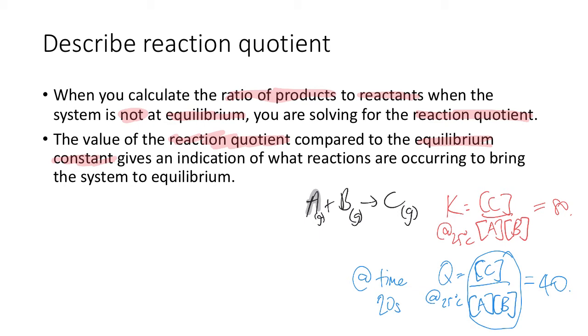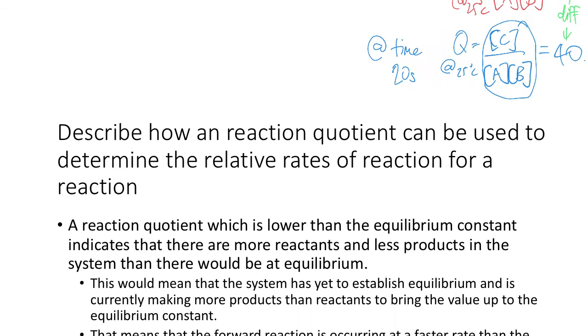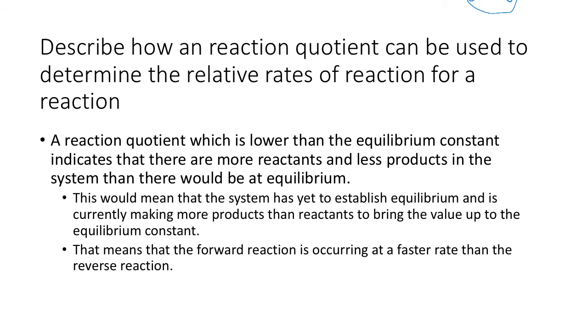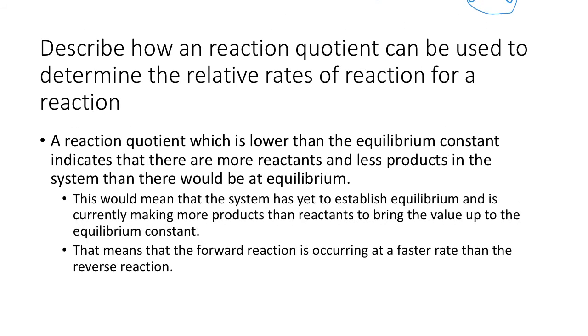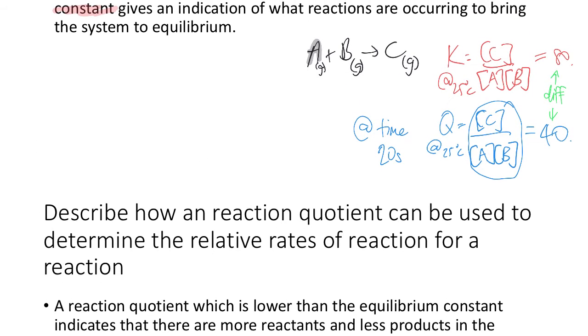This difference in the value is effectively saying that it's not yet at equilibrium. So what does that mean? We can look at those two values, the 40 and the 80, and determine which way the reactions are going.